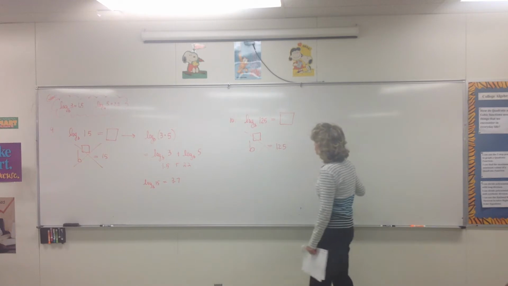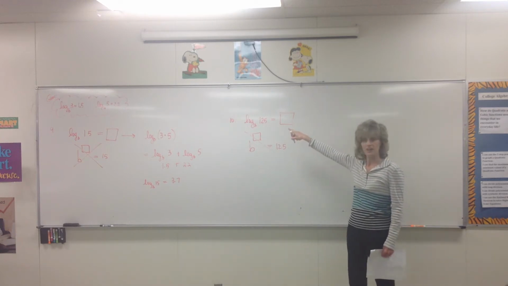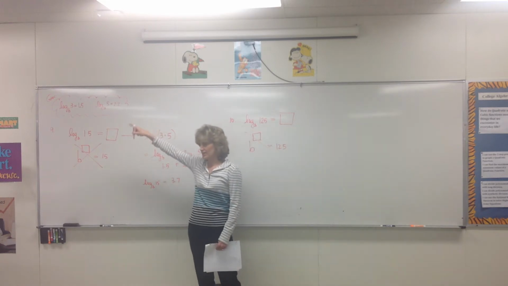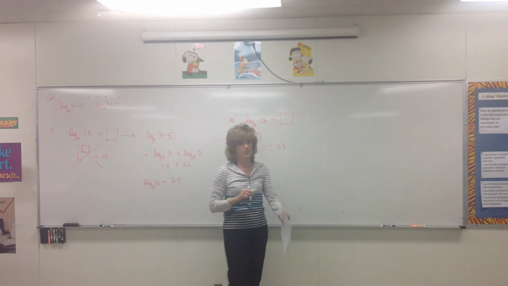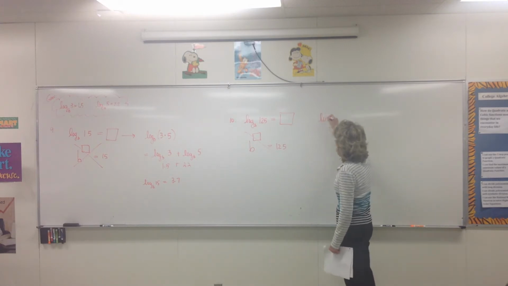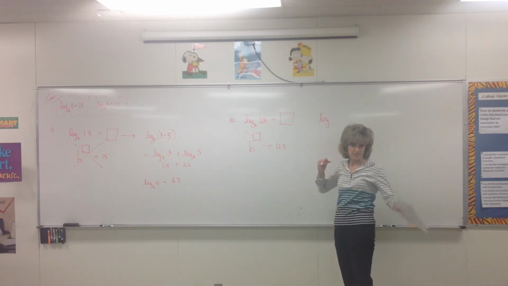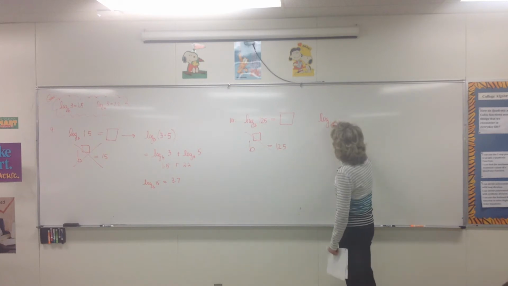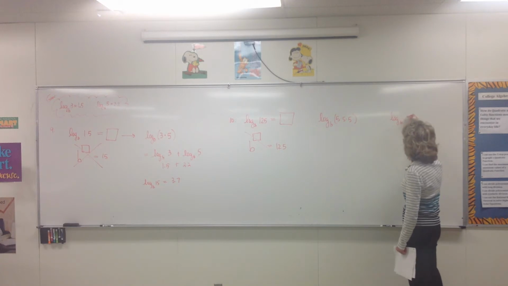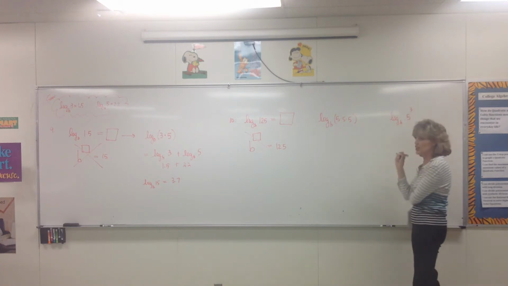But if we try a different approach, what's another way to talk about 125 so that it relates to what we know, 3 and 5? You could say log base B of 5 times 5 times 5, or log base B of 5 to the 3rd.